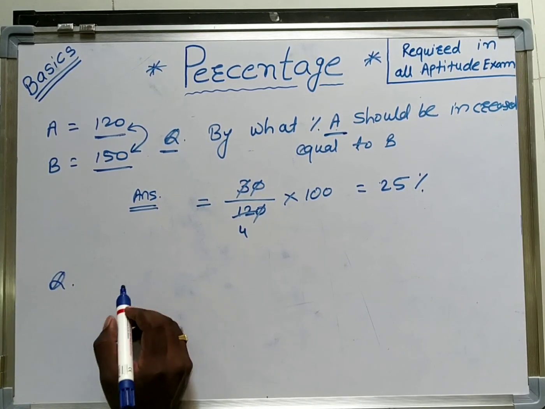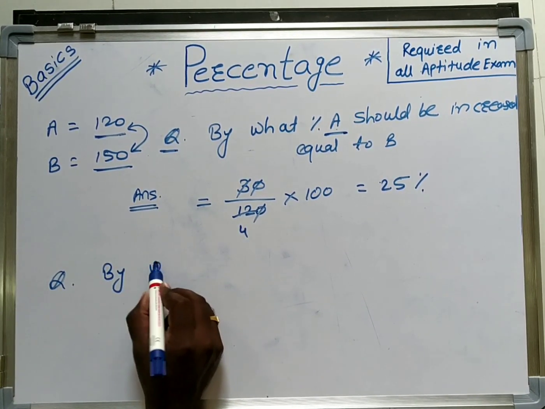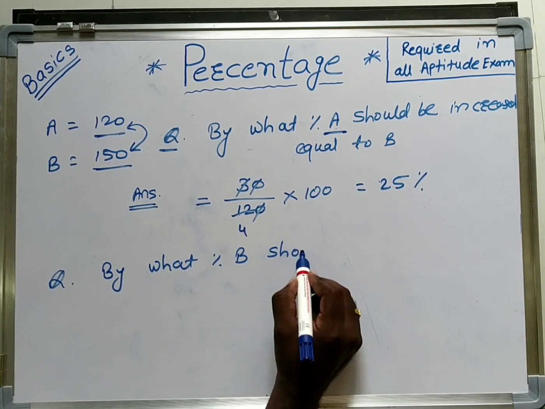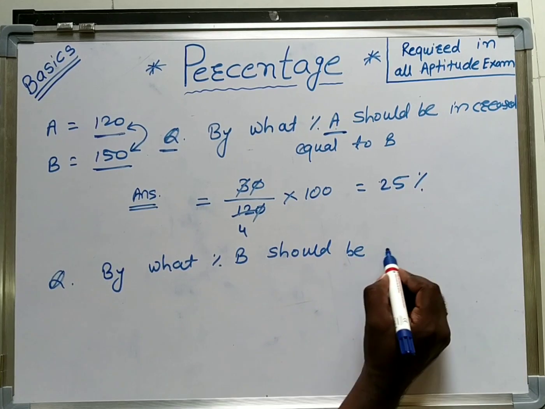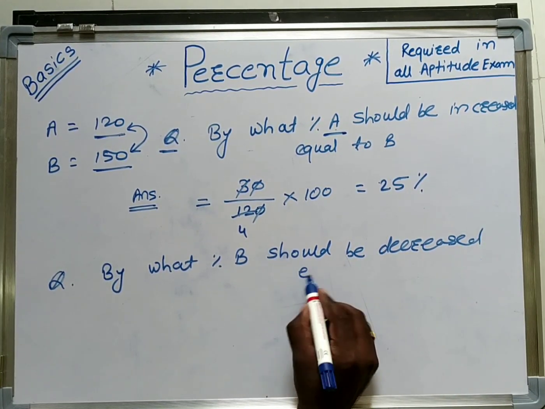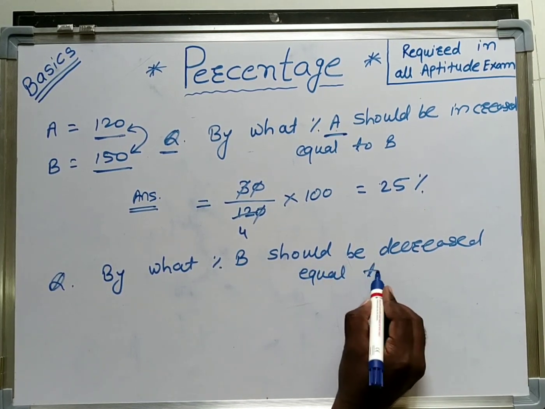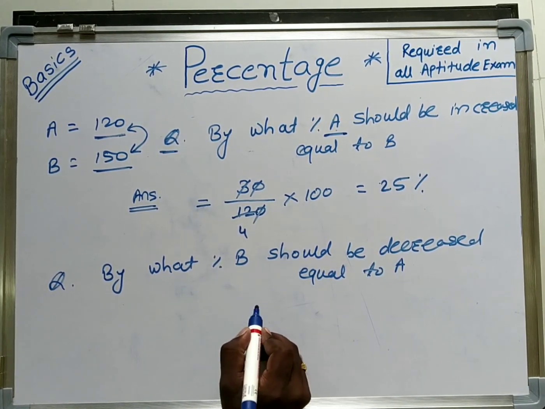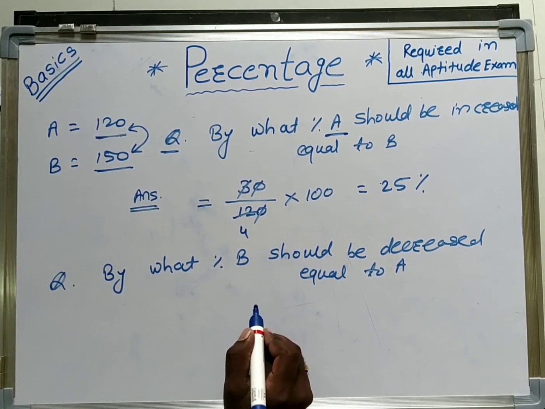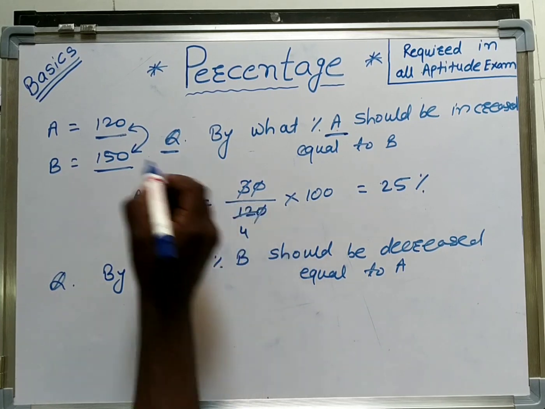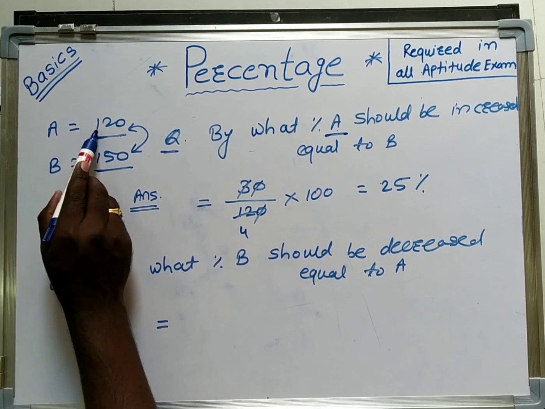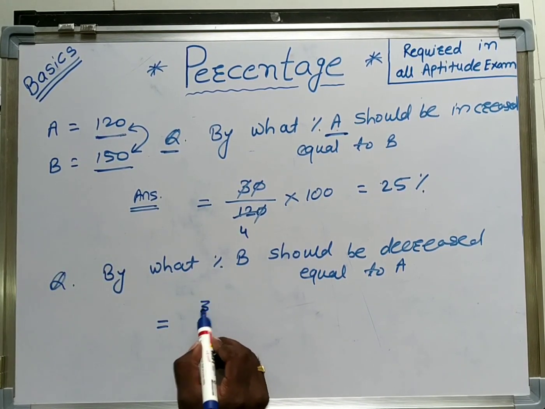Next and last question: by what percent should B be decreased to equal A? By how many points should B be decreased? See here, 120 and 150, the difference is 30.